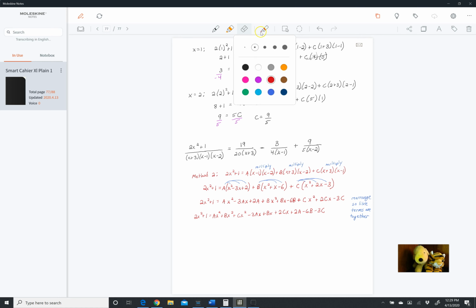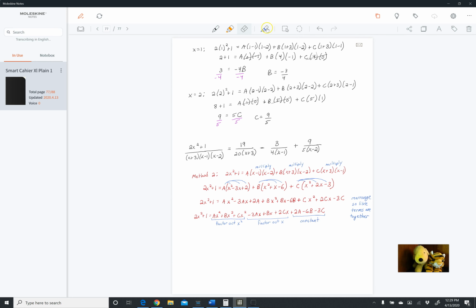And we're just going to group these together and factor. So we're going to factor out x squared. Then we're going to group these together and factor out x. These have no power of x, so these are just our constants.